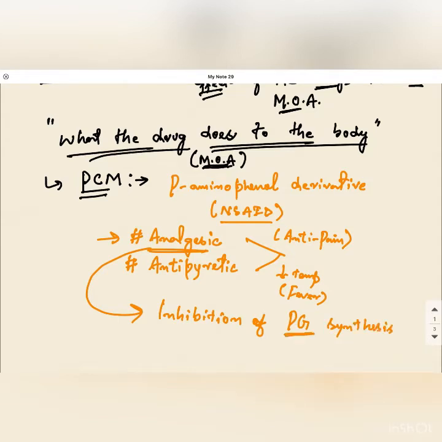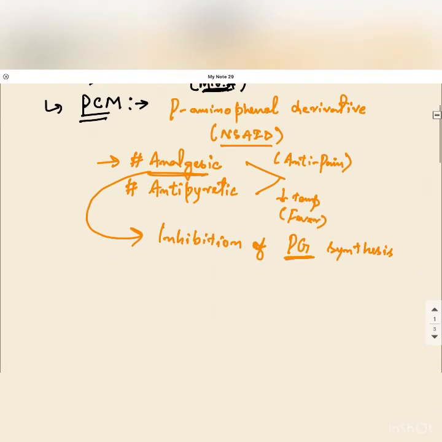PG is prostaglandin. We need not go into the detail of what prostaglandin is, I'm just quoting an example here. So the analgesic effect of paracetamol is due to the inhibition of prostaglandin synthesis.